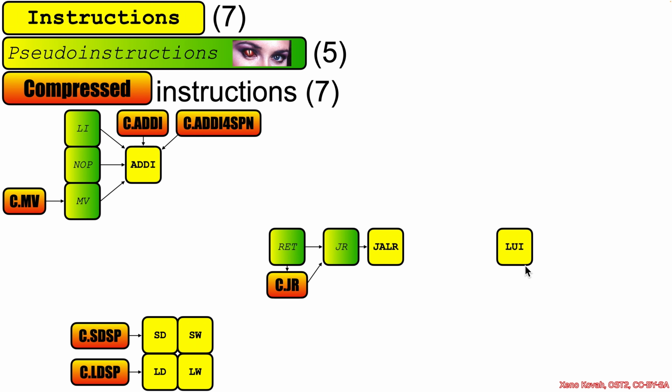And then we have LUI off by its lonesome for reasons that'll become clear later on. And then we had the compressed add-i 16SP, which is really just a special form of add-i that is operating specifically on the SP register, and which is using an immediate that is scaled by 16 so that it can hit a larger range of possible additions and subtractions to the stack pointer. And that's it for now, and on we go.